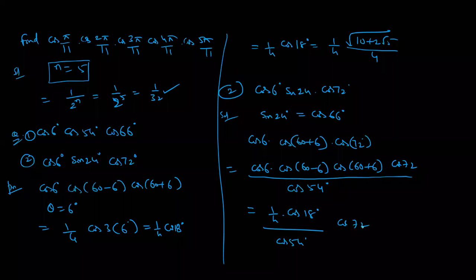Simplify. Cos 72 means sine 18 degrees, by cos 54. Multiply and divide with 2: 2 sine 18 cos 18 means sine 36 by cos 54. Both are cancelled. The answer is 1 by 8.